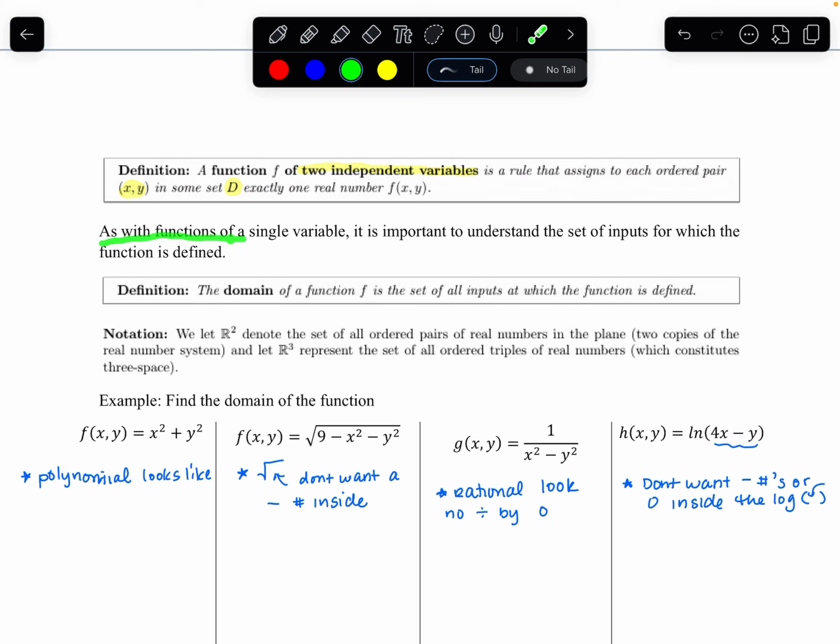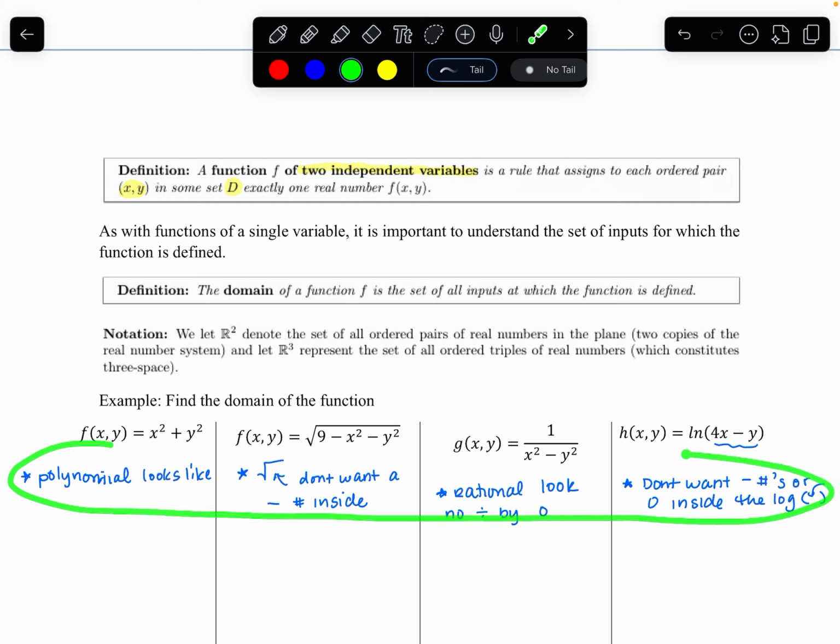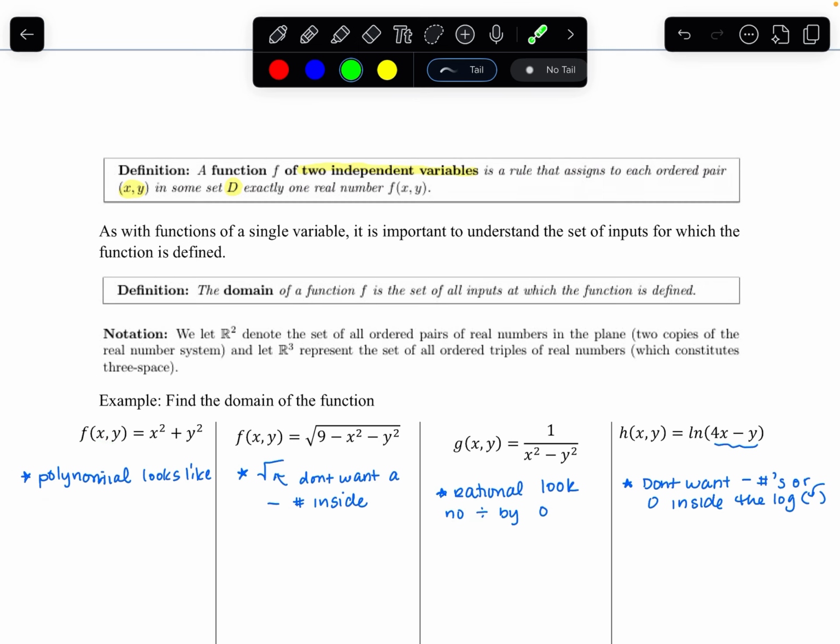And so as with a function of a single variable, it's important to understand the set of inputs for which a function is defined, right? And we kind of talked about that across the board, using our previous knowledge, where the domain is the set of all inputs.